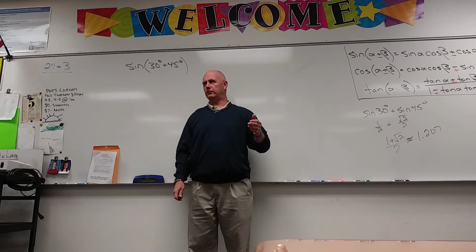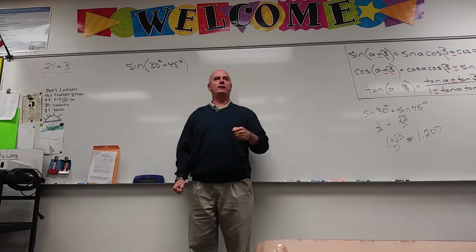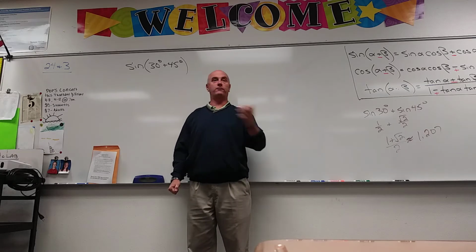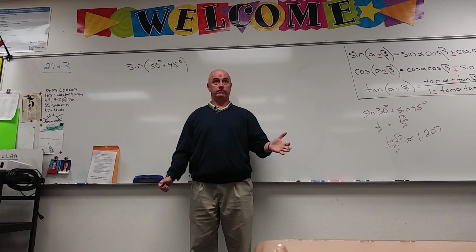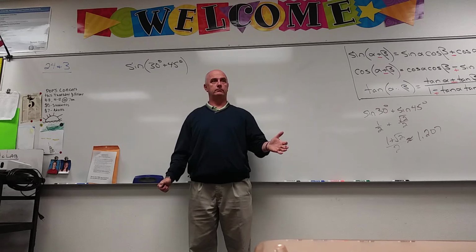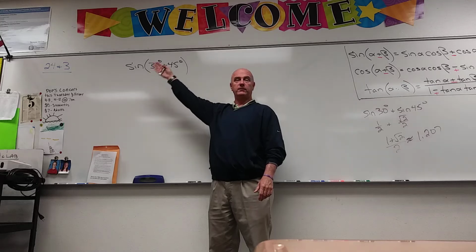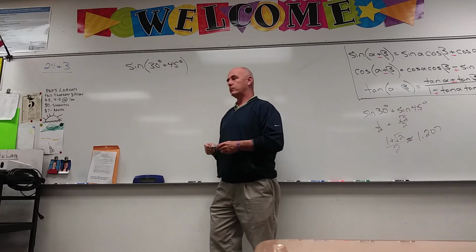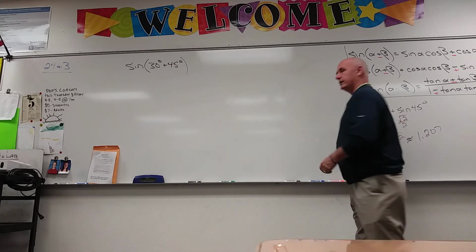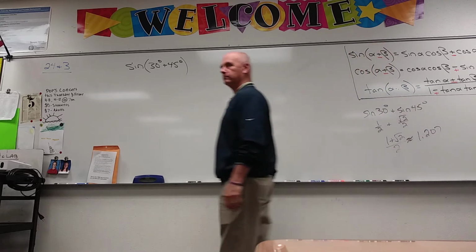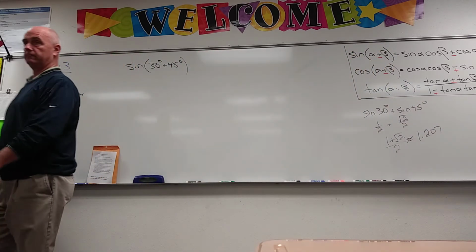You cannot distribute trig functions. Okay? But that is equal to the sine of 75 degrees. Absolutely. So, what we need is a formula. We don't need a calculator. What we need is a formula.